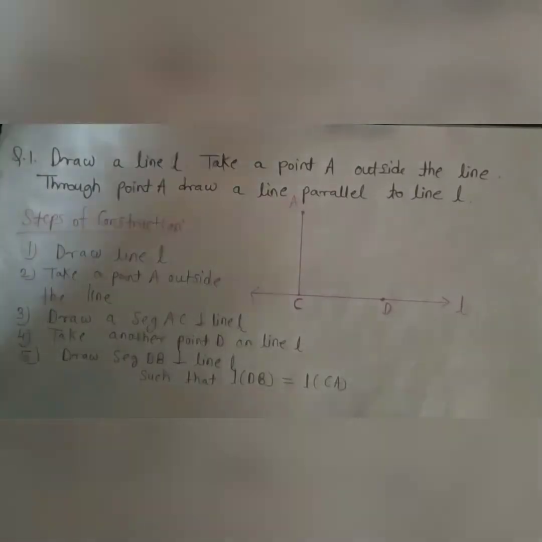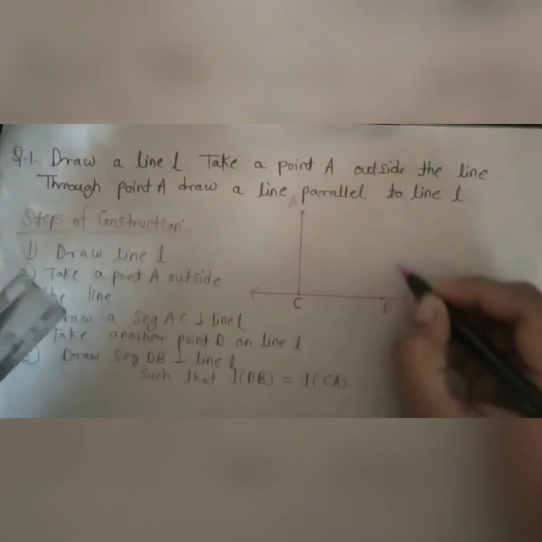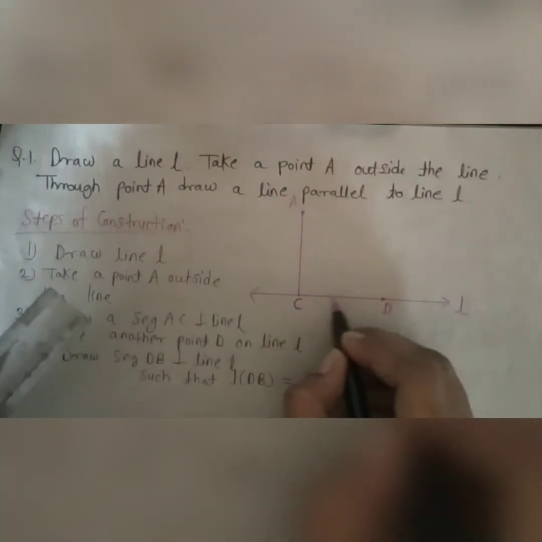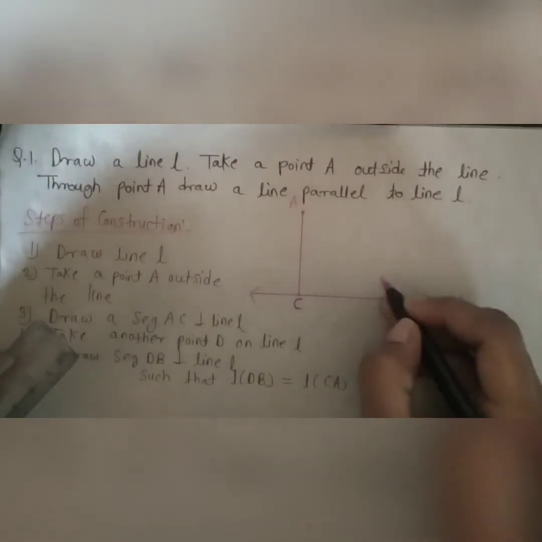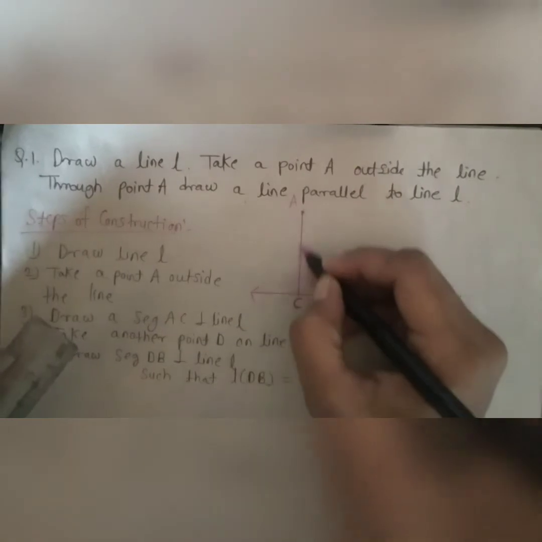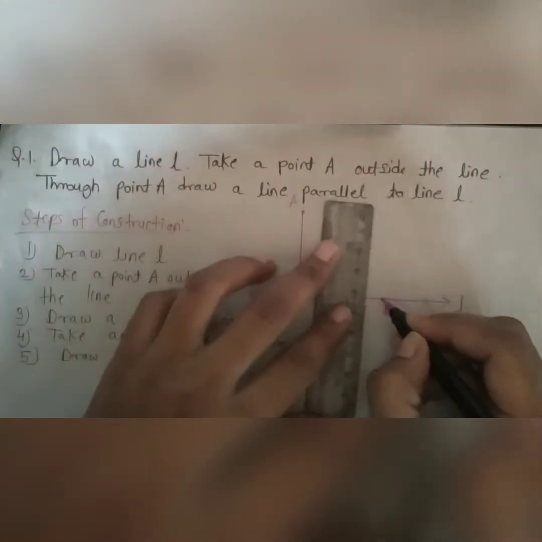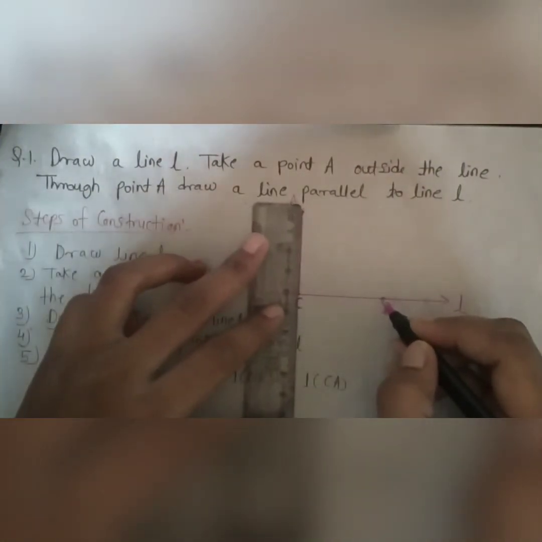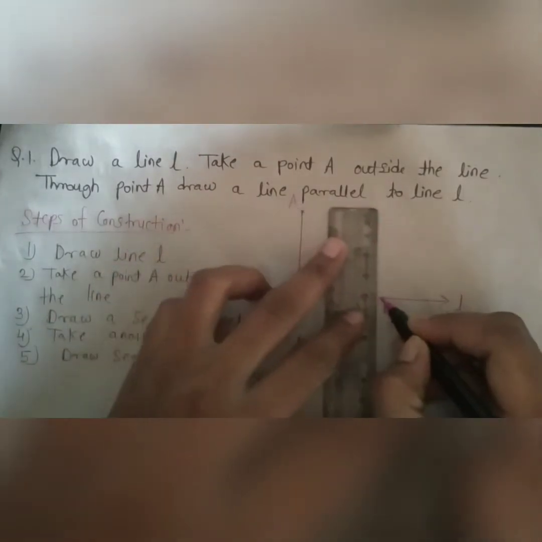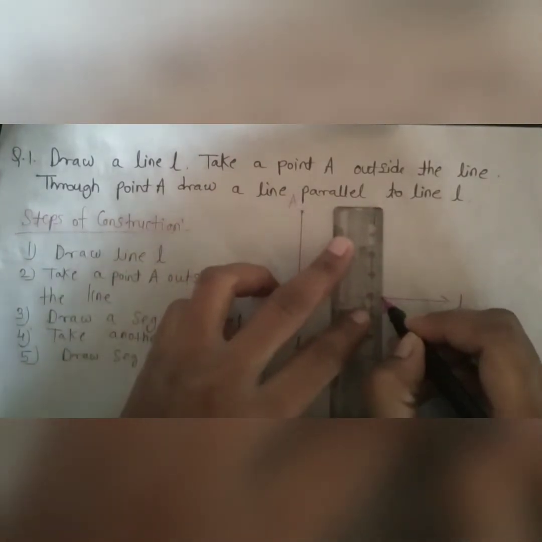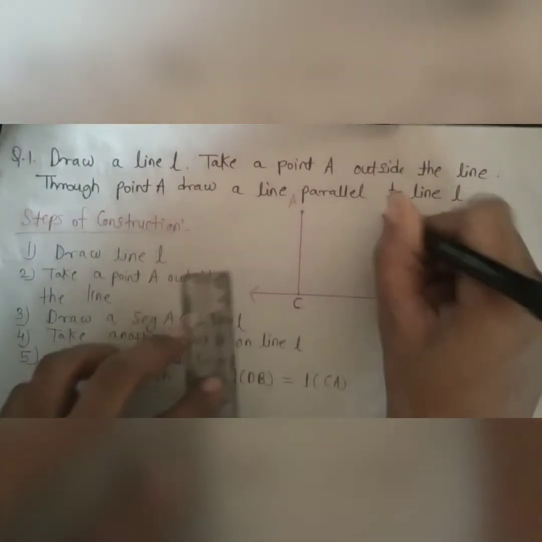Now we have to draw a segment DB perpendicular to line L such that length of DB will be same as length of CA. Length of CA, suppose my 4 cm, then length of DB is also 4 cm.